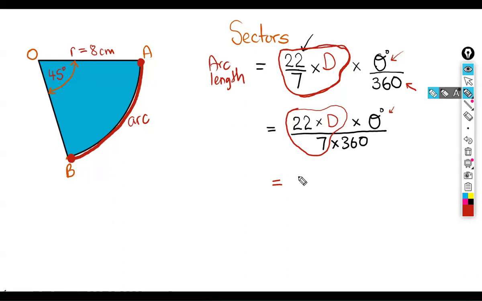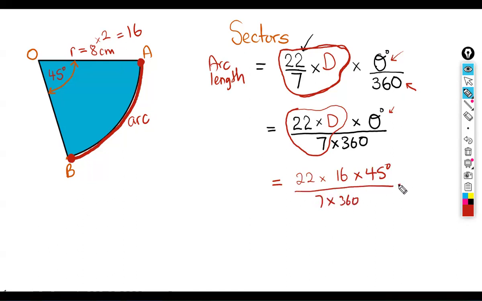All right, so we have 22 multiplied by the diameter. The diameter, we have to multiply the radius by 2, so the diameter will be 16. The angle is 45 degrees, and we divide it by 7 multiplied by 360. Now, we know the underneath part is always going to be the same. 7 by 360 is 2520.